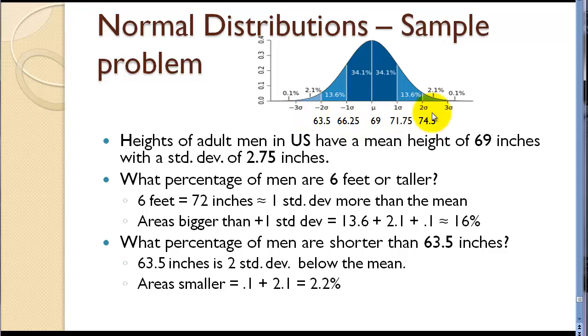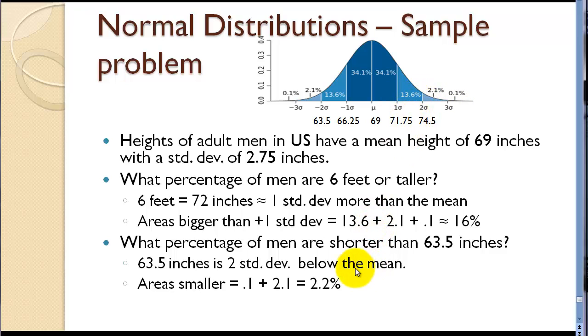So these are the boundaries on our percent curve. So 6 feet, 72 inches, so that's around here. So men that are 6 feet or taller are out in this part of the curve. They are bigger than one standard deviation away from the mean. This percentage out here adds up to about 16%.